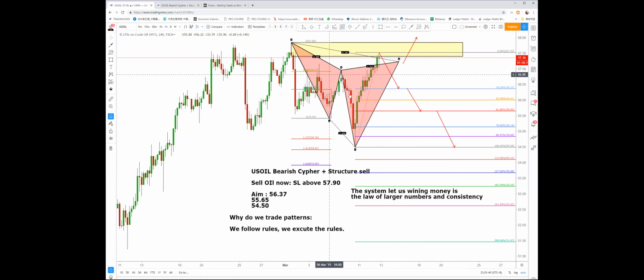If the system has a good risk reward ratio with a certain winning ratio provided, all you need to do is trust the system and make your trade numbers as large, as big as possible. Then you can benefit from the law of large numbers. And you have to be consistent. You trade every pattern that you see.